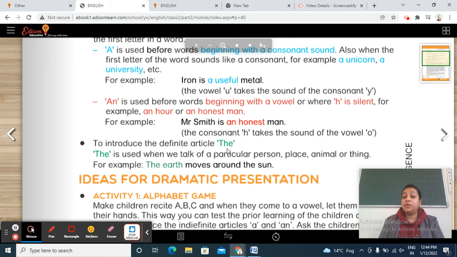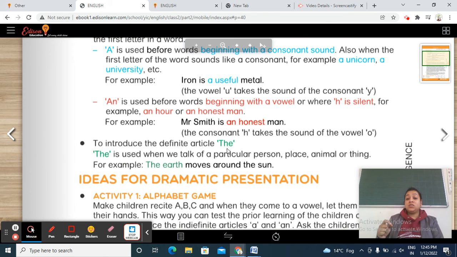Otherwise, a is used with a word beginning with a consonant sound. So b, k, d, f, h, j, m, n, all these are consonant sounds. Fine? Yes or no? Okay. An is used before the words beginning with a vowel sound or where h is silent.